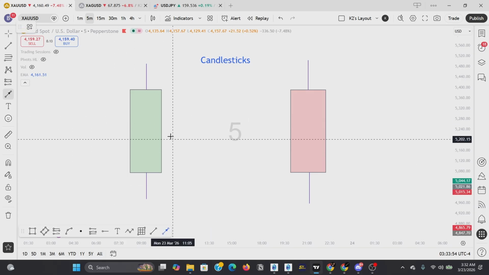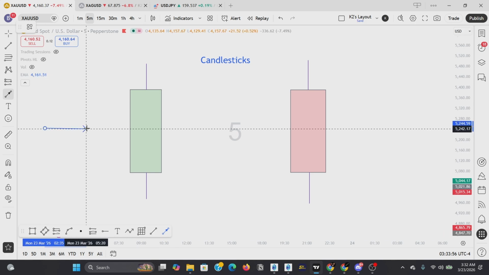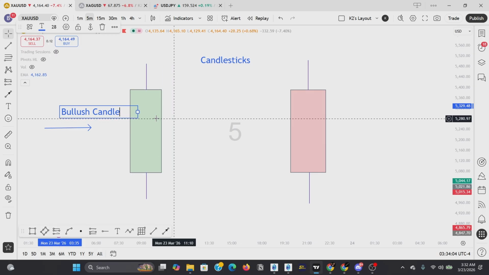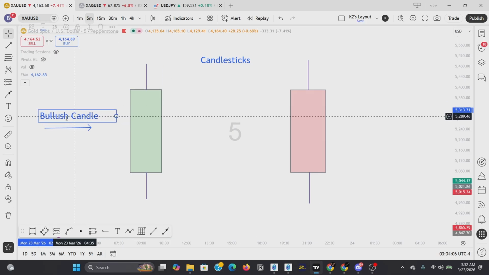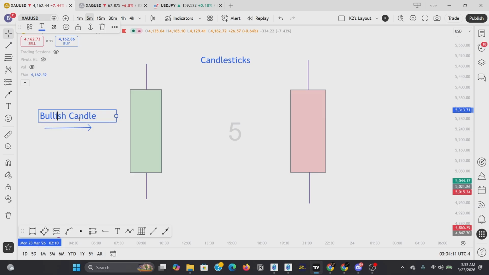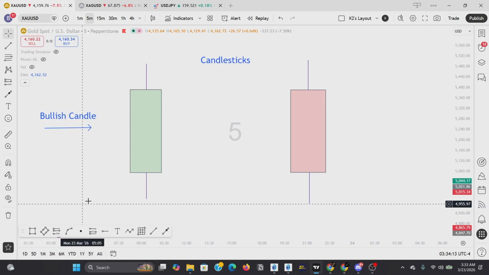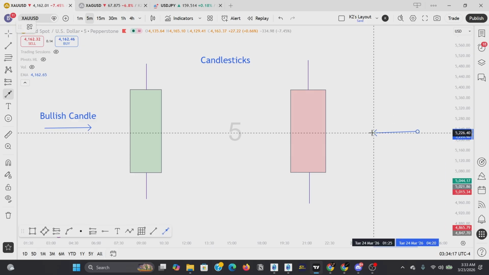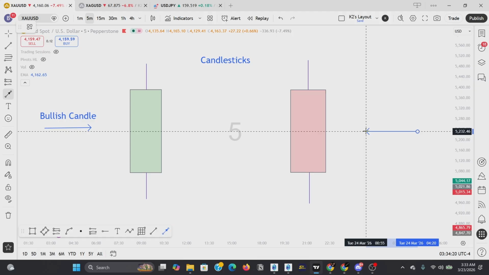So, first off, this candle right here is a bullish candle. I told you you were gonna need to know that keyword, bullish. Now, if you remember what bullish means, then you know what kind of candle that is.